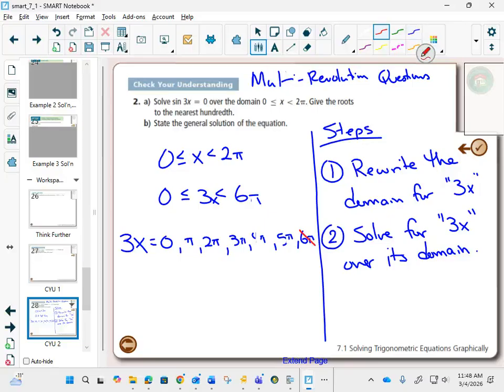I can't write the 6 pi because the textbook did not include an equal sign there, so 6 pi can't be included. So we rewrote the domain for 3x, and we solved for 3x over its domain, which was 3 times around. And then step 3.